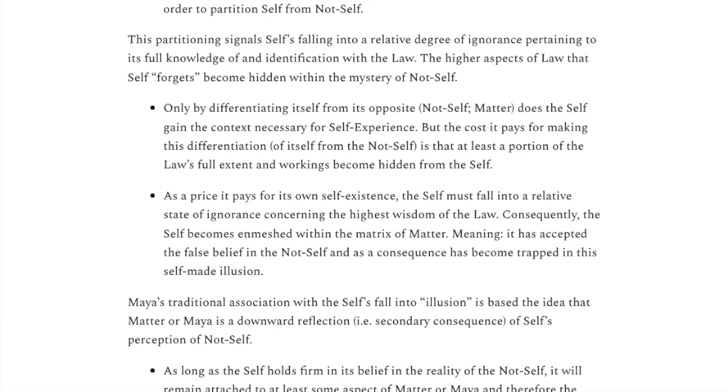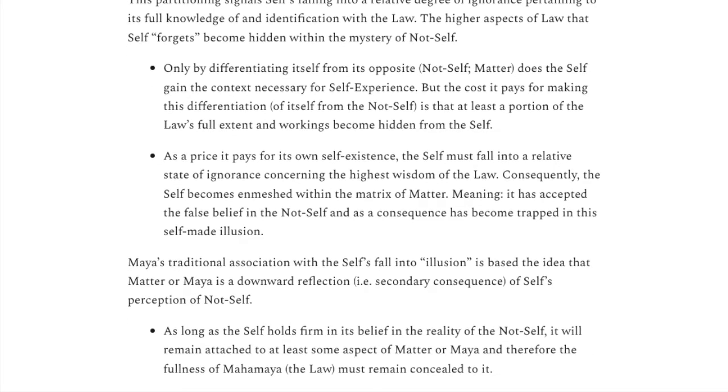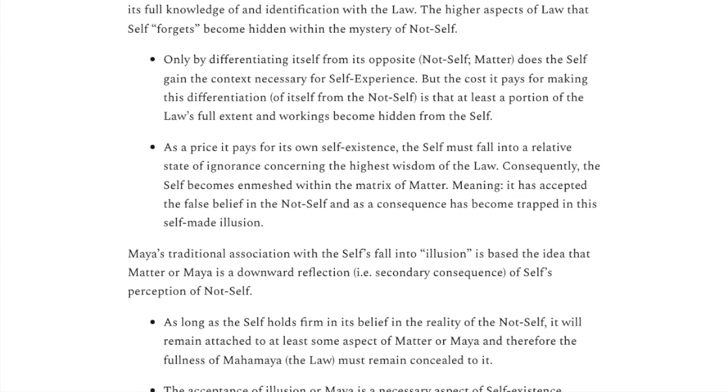The higher aspect of law that self forgets becomes hidden within the mystery of the not self. Again, I said this before. Only by differentiating itself from its opposite, the not self or matter, does the self regain the context necessary for self-experience. So not self is necessary for the self to define its own being.